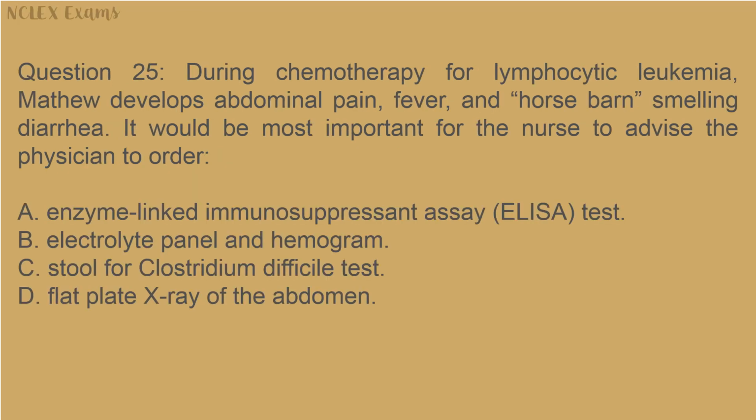Question 25. During chemotherapy for lymphocytic leukemia, Matthew develops abdominal pain, fever, and foul barn-smelling diarrhea. It would be most important for the nurse to advise the physician to order: A. Enzyme-linked immunosorbent assay, ELISA test. B. Electrolyte panel and hemogram.